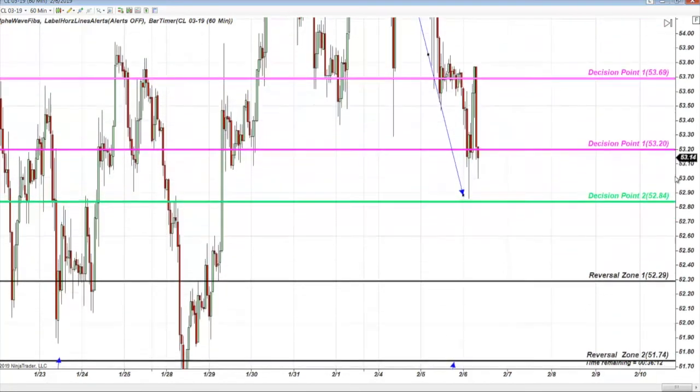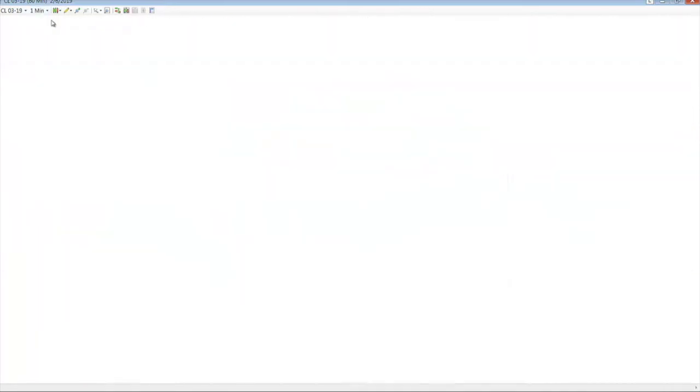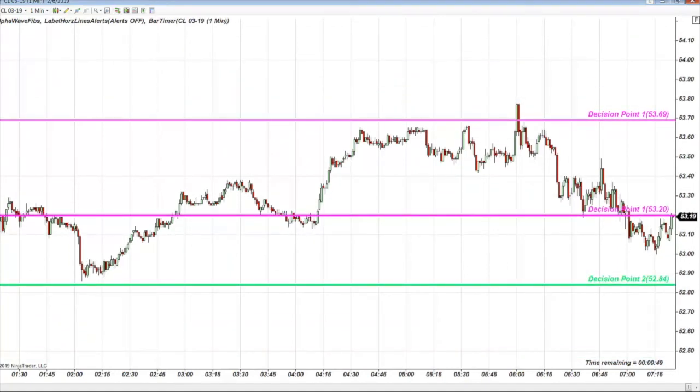This support been respected on oil for the last 6 hours. Mid-level support cannot short near. However, this is much better place to be. So let's convert this chart to 1 and let's see what oil will do at the time of the news.